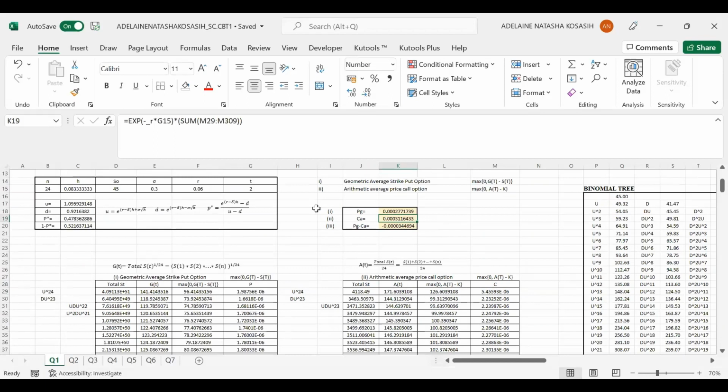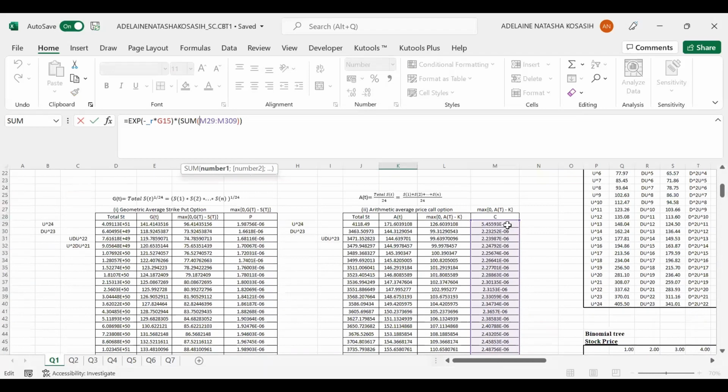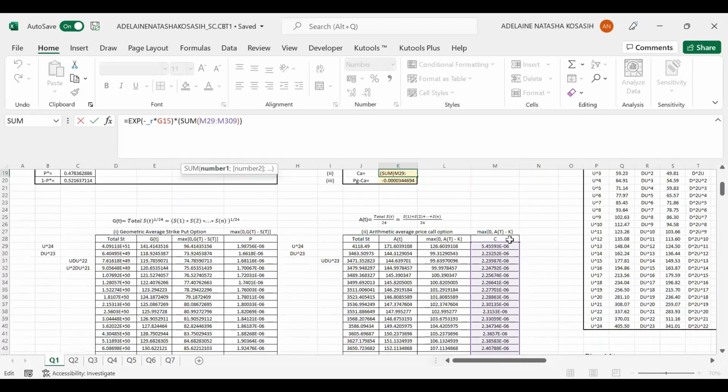For the second equation, it actually uses the same formula as the first one for geometric. The formula is exponent of minus r times t, and then you have to sum all the possible prices that you have calculated before.